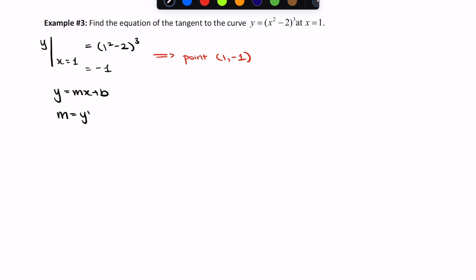So here we have y is equal to (x squared minus 2) to the power of 3. So y prime is equal to the outside, so 3(x squared minus 2) to the power of 2 times the inside, which is 2x.